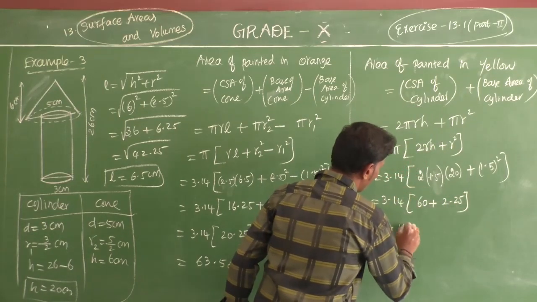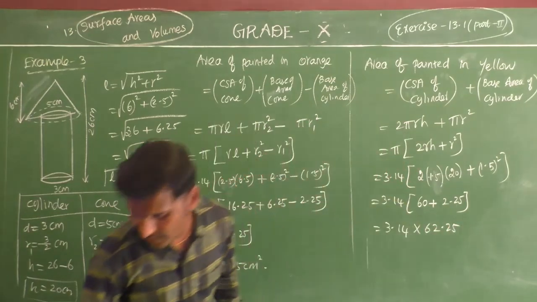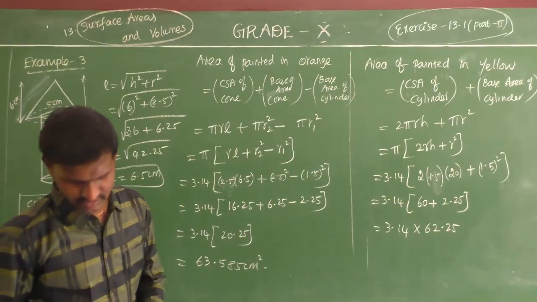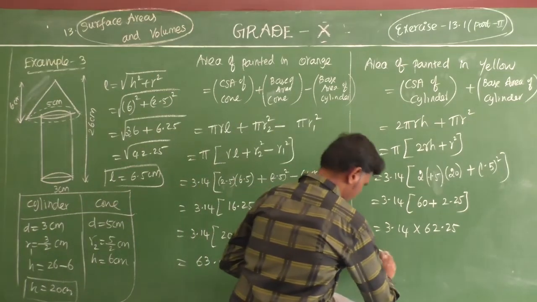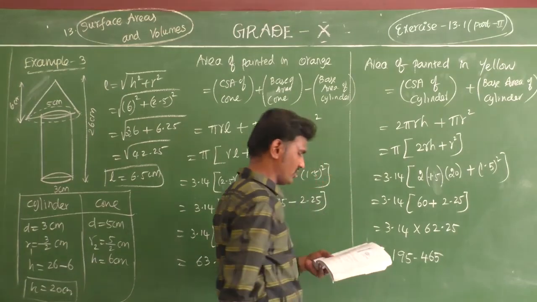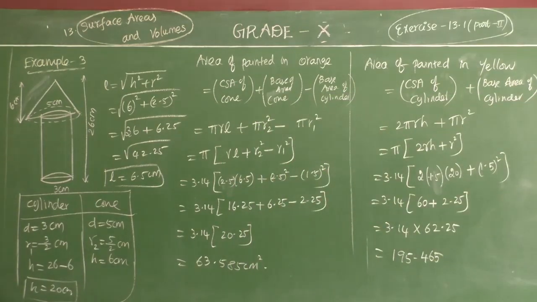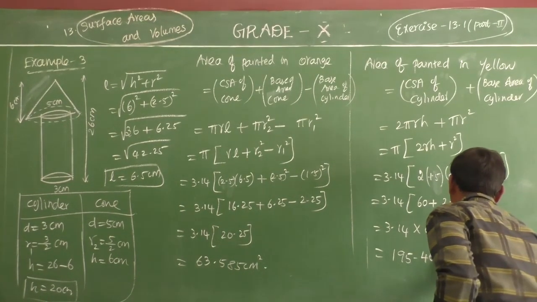Now 3.14 into 62.25, the final answer is 195.465 centimeters square. So check the product. Okay students, this is your final answer.